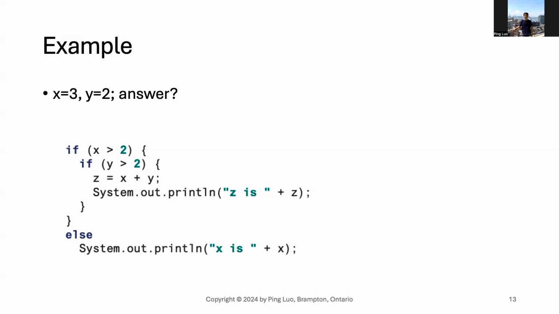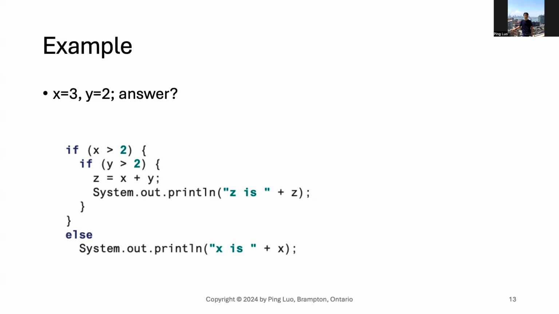So what do you think the answer is? If x equals 3, y equals 2, what will be output to the screen by this program? Would it be the else output? The system output could be 5, 4, 3, 2, 1. What do you think? y is not greater than 2, y equals 2.